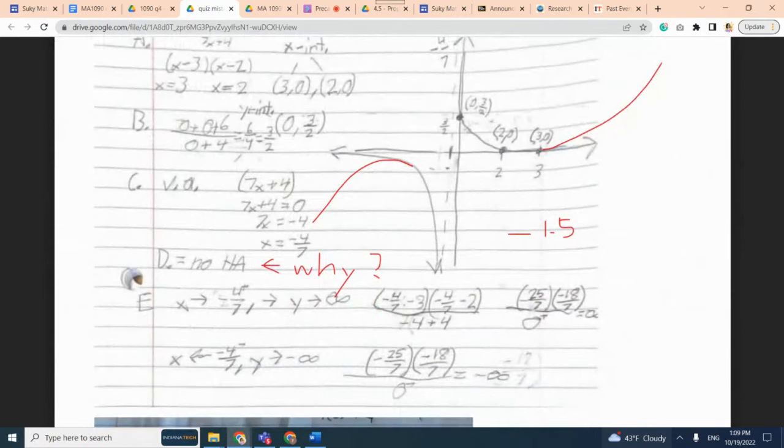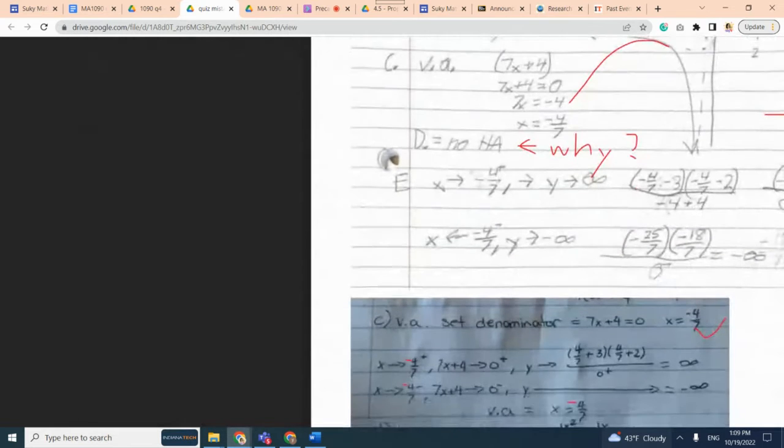See here, if the arrow is going this way, it looks like we have a horizontal asymptote at y equal to 0. Do you see that, everybody? So make your arrows more obvious. It goes to minus infinity. Here, it looks like it's approaching the x-axis. You want to show that it goes to infinity. So make it more obvious.